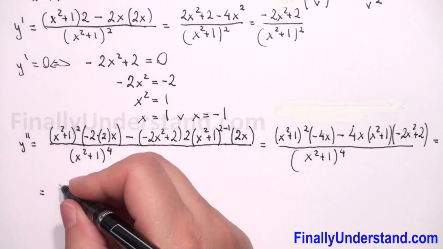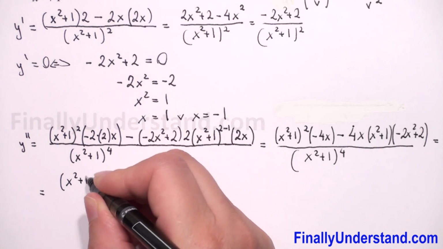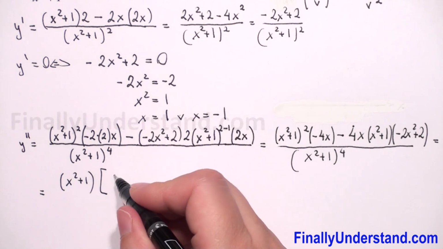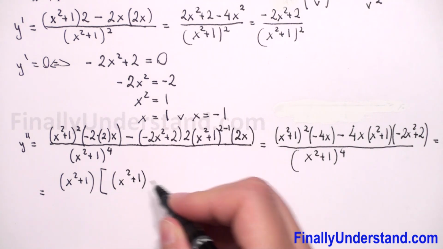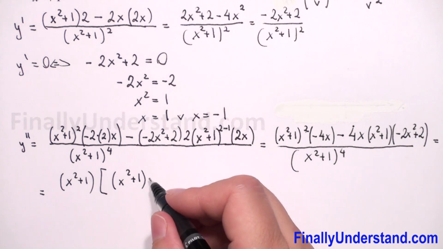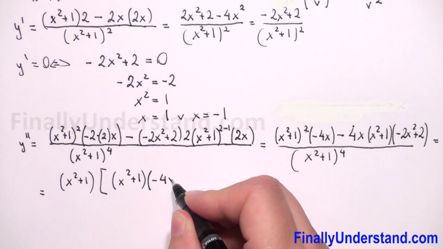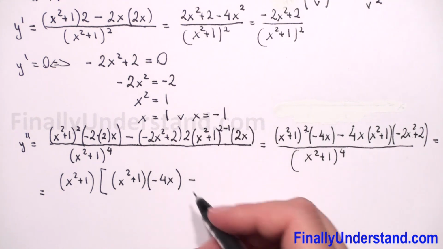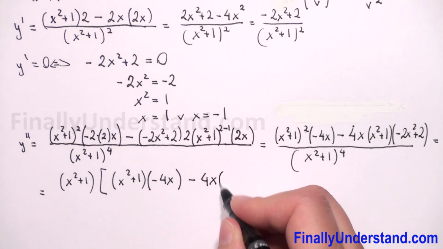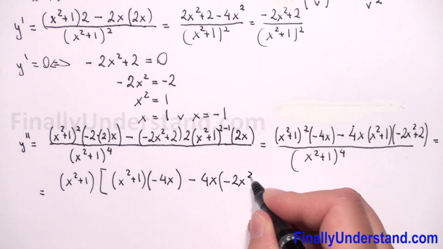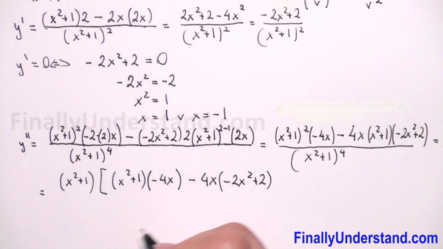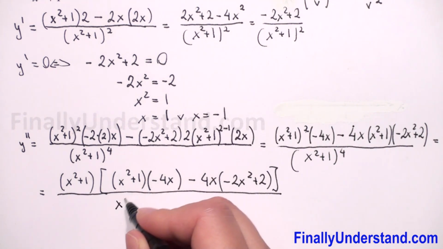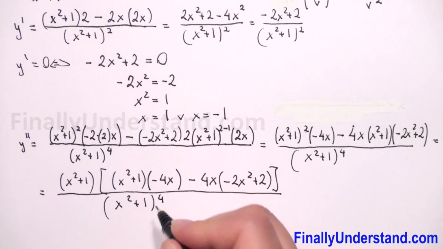We have x squared plus 1 in both terms. We factor out, so in this expression we will still have x squared plus 1, because we have the second power, times negative 4x, minus, and whatever is left here, 4x times negative 2x squared plus 2, close parenthesis, over x squared plus 1 to the power 4.